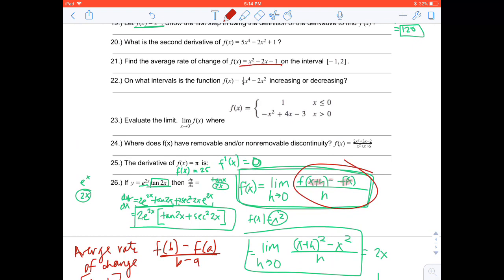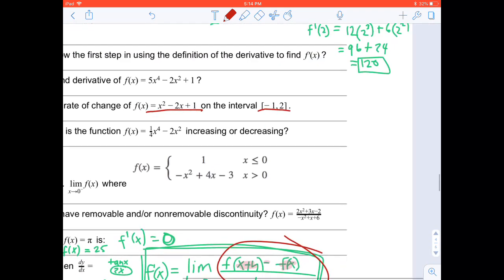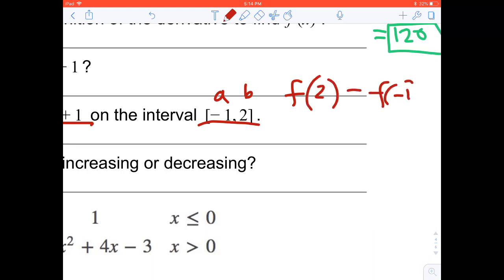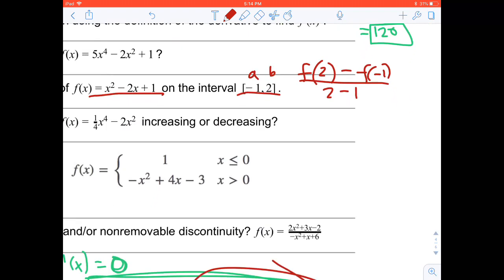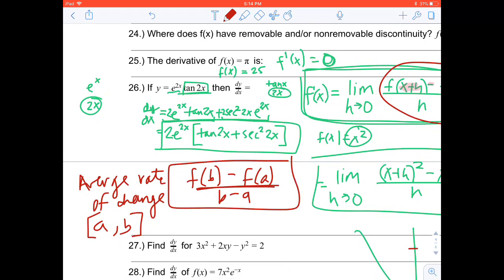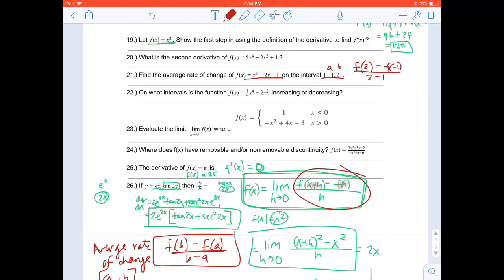X squared minus 2x plus 1 on the interval from -1 to 2. So basically the formula says this is my a, this is my b. I'm going to do f of 2 minus f of -1 over 2 minus 1. I'm really literally just plugging into this formula there.